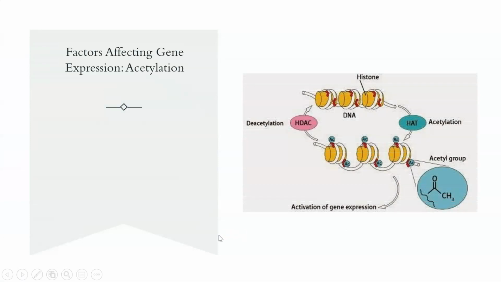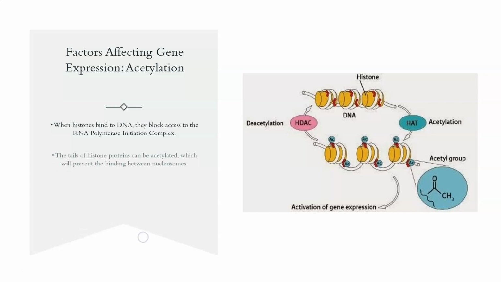Okay, so we're going to start off looking at acetylation, and this is where histones bind to DNA and they block access to the RNA polymerase initiation complex. The tails of histone proteins can be acetylated, which will prevent the binding between nucleosomes.